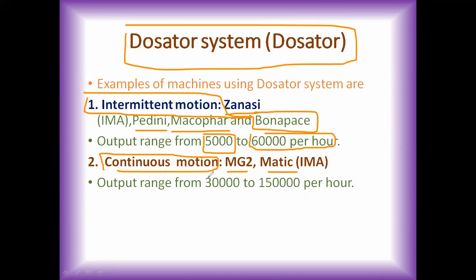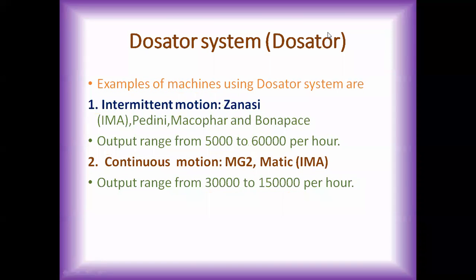The range for these machines is from 30,000 capsules to 150,000 capsules per hour, which can be prepared by continuous motion machines such as MG2 and Matic. So with this, we'll stop over here for the day, and the remaining part we'll be discussing further.